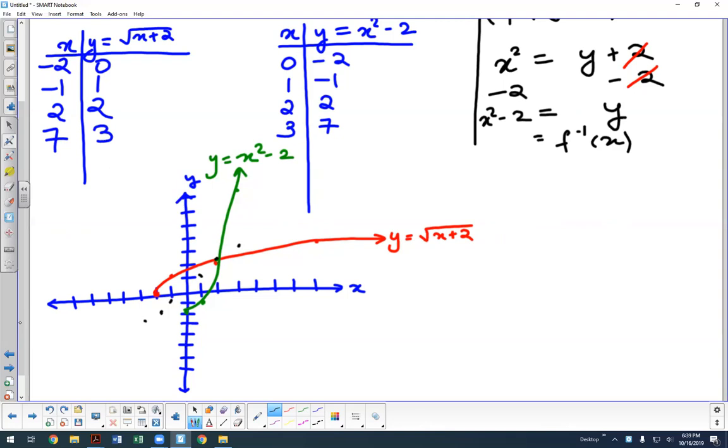These guys are not cooperating very well. Okay. Hopefully you can get a little bit of a better image, but the idea is to make sure you're seeing that reflection with respect to this y equals x line.